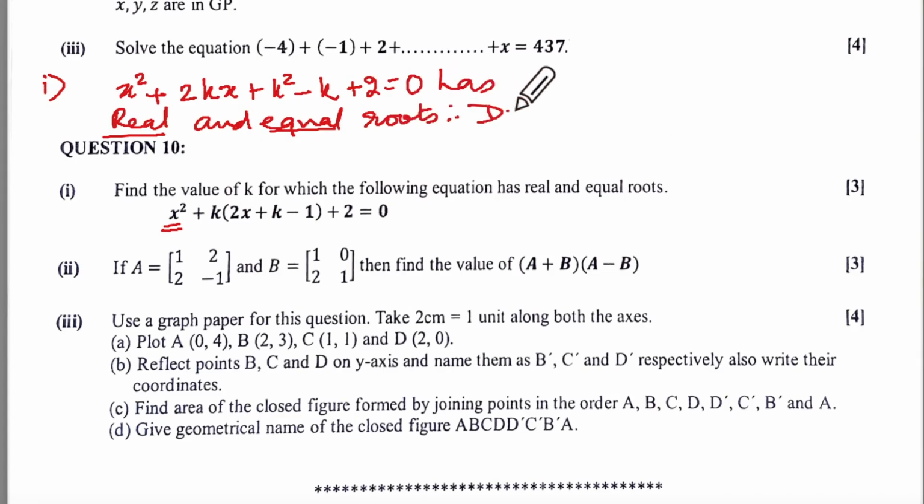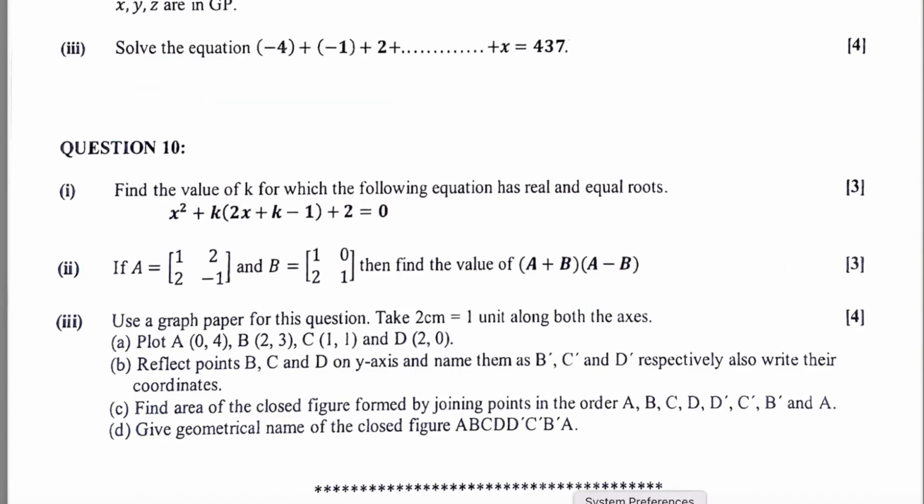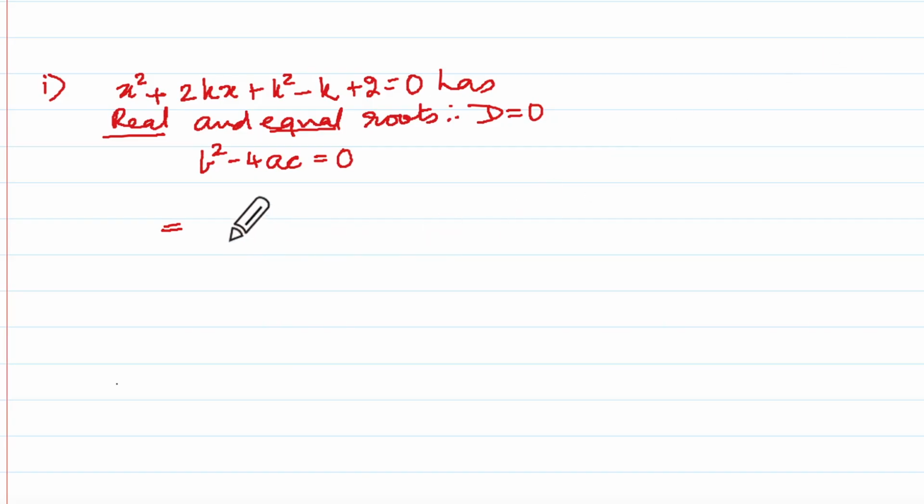Therefore, what I'll say, discriminant equal to 0, which means b square minus 4ac is equal to 0. Agreeable to you? Yes, ma'am. Now, I need to write what a is equal to. A will be 1. b will be equal to the coefficient of this, 2k.